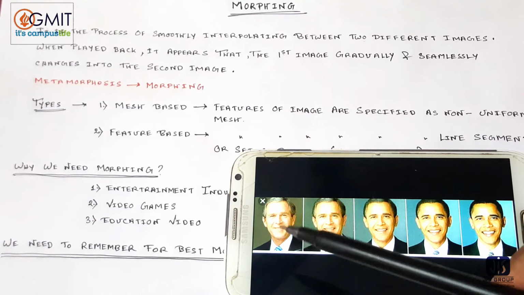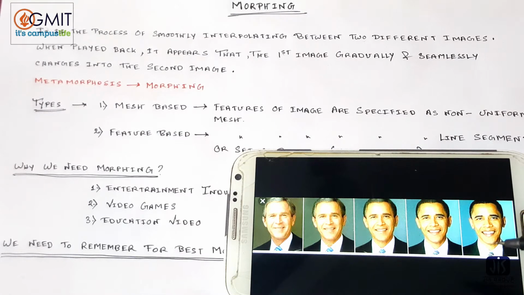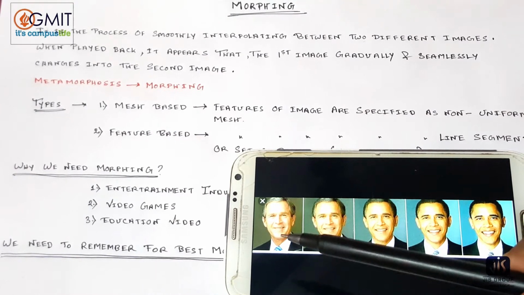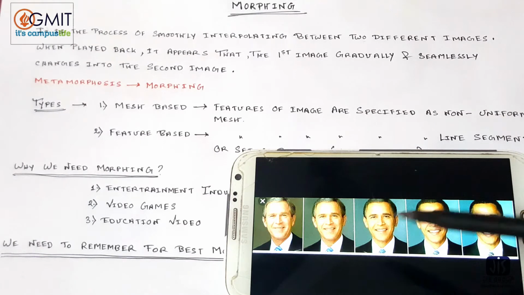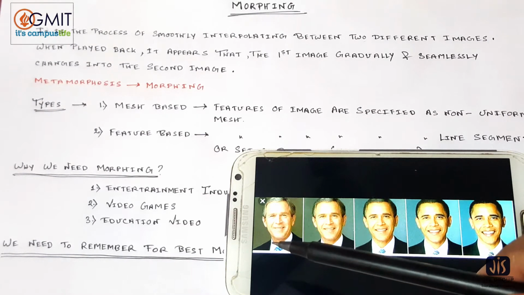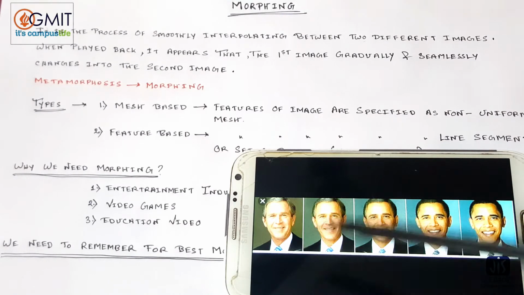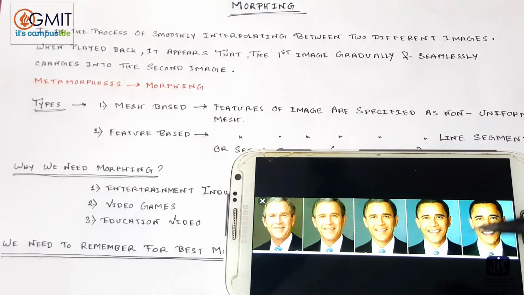This is the first or source image, this is the destination image, and this is the in-between or middle. First it changes to here, then here, and then here. It's not like it changes from source to destination, first to last. It changes gradually, seamlessly, slowly.